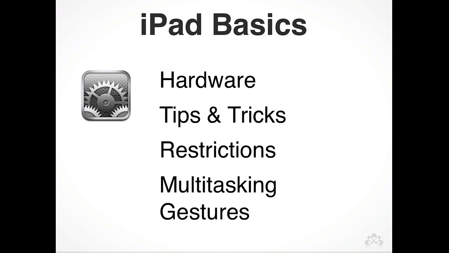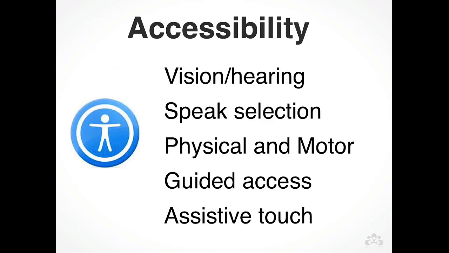And we've taken a look at the multitasking gestures and how we can turn that on or off under the General Settings tab. We've also looked at some of the accessibility features, including speak selection, guided access, and assistive touch that can be helpful for people with vision and hearing difficulties, physical and motor difficulties, but also a lot of the diverse learners that we support with reading difficulties or writing difficulties.